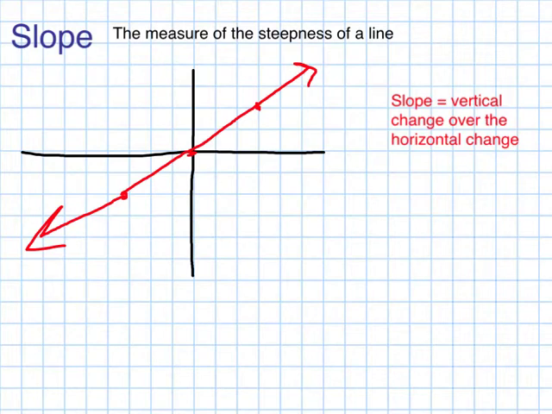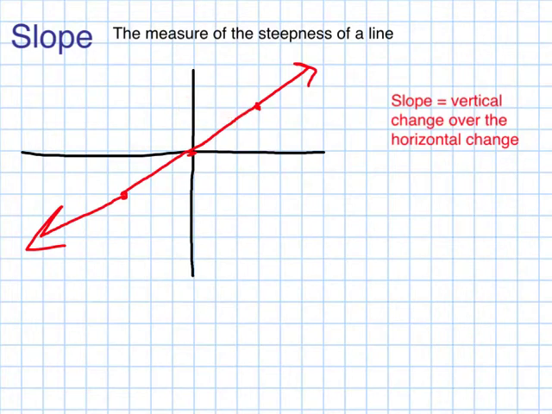So, slope is the vertical change over the horizontal change, then that means you can calculate the slope of a line by checking how much we rise. The vertical change is how much we rise, and the horizontal change is how much we run. That's horizontal change.